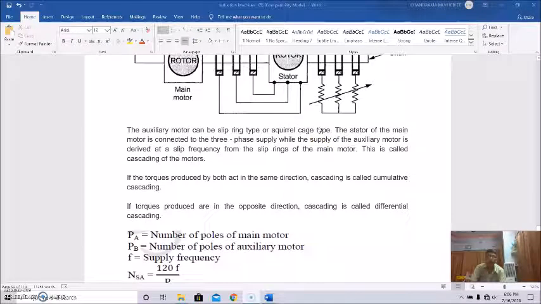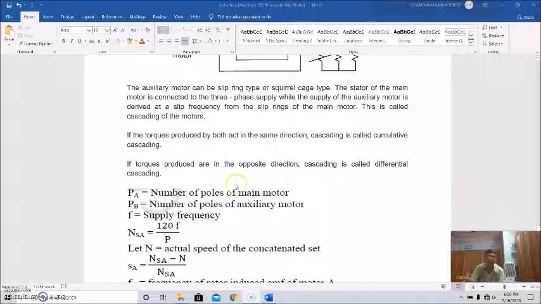Let us suppose the main motor is A and the auxiliary motor is B, and PA is the number of poles of the main motor and PB is the number of poles of the auxiliary motor.